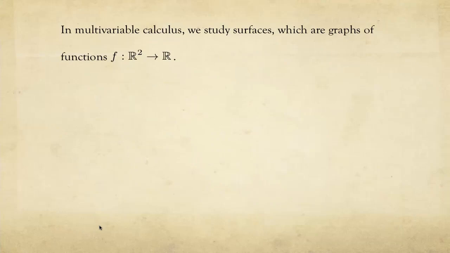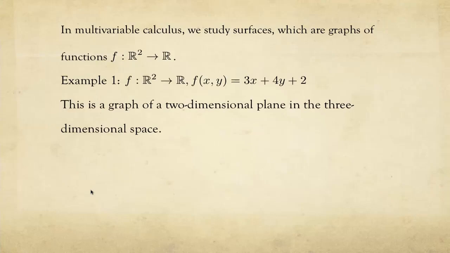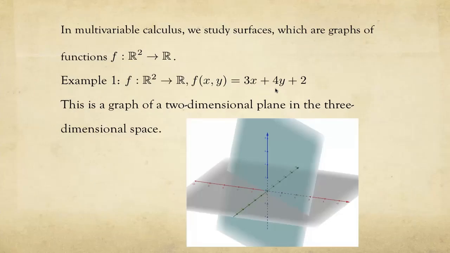So in multivariable calculus, we study surfaces, which are basically graphs of functions where the input is R squared and the output is the real numbers. So for example, here's an f of x, y. The input is x, y, which is a vector in R2, and the output is a number, 3x plus 4y plus 2. This is a graph of a two-dimensional plane in three-dimensional space.